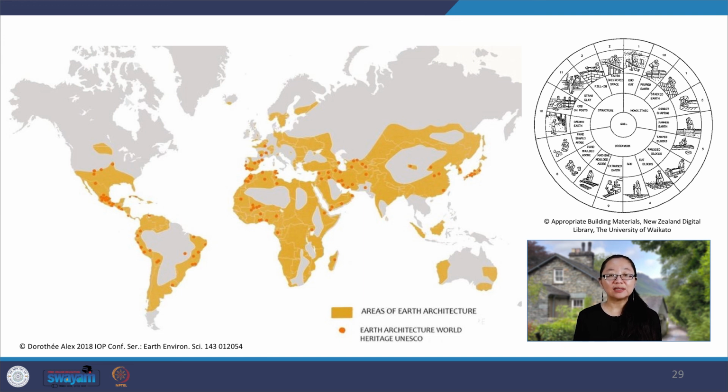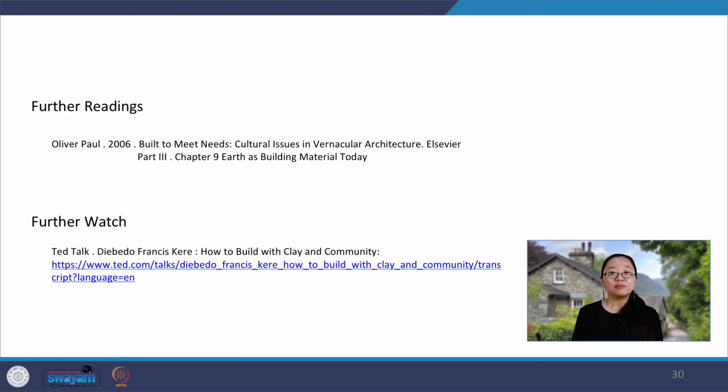So in this sense, earth as a building material and construction is the ultimate sustainable solution, not only environmentally but also culturally.